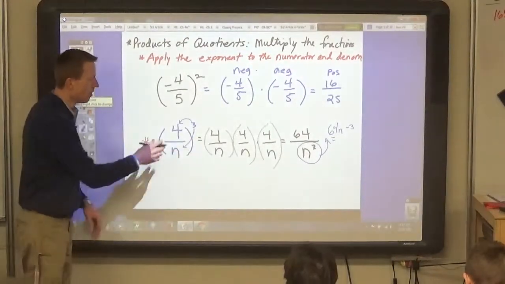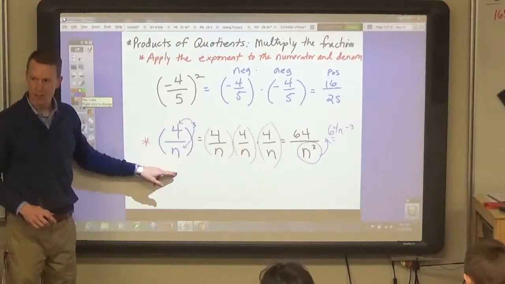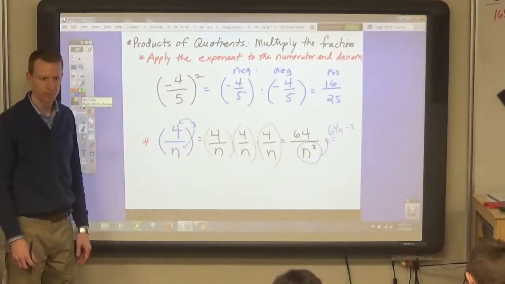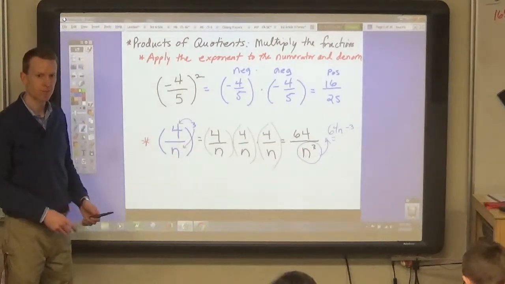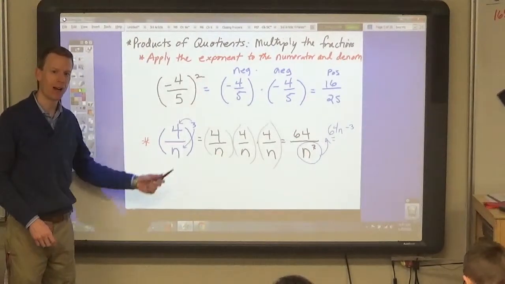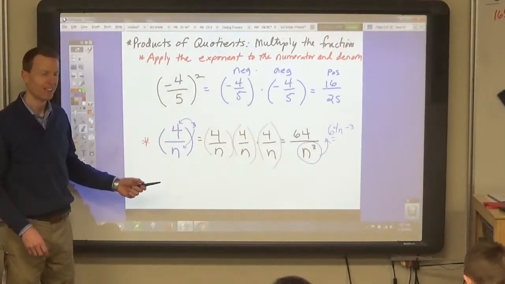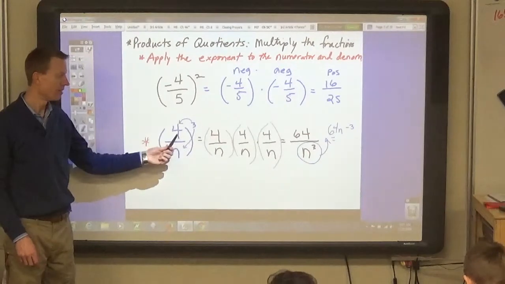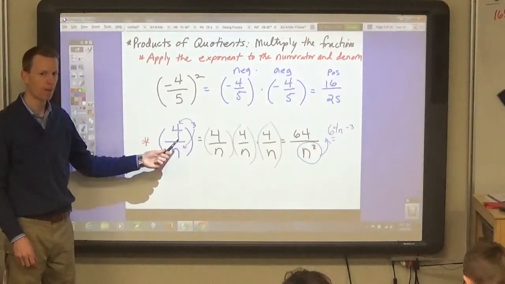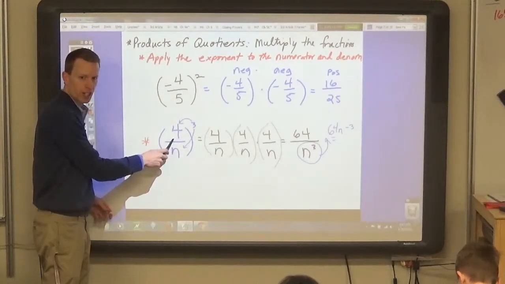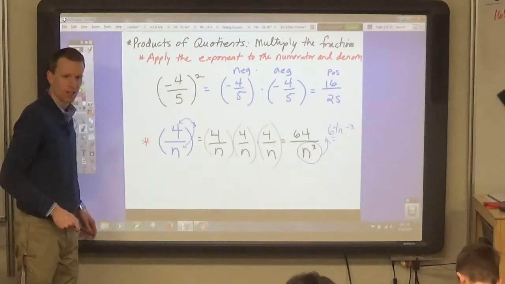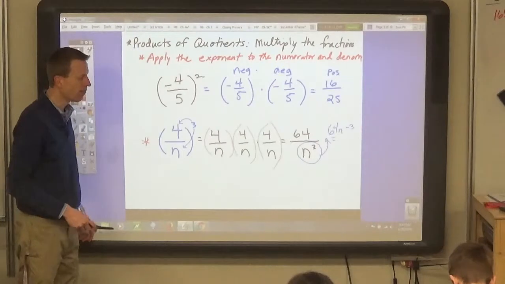What if you have 4 over n to the third power? Jordan. 4 over n to the third power. Do 4 over n times 3? Not times 3. You do 4 to the third, which is 64.